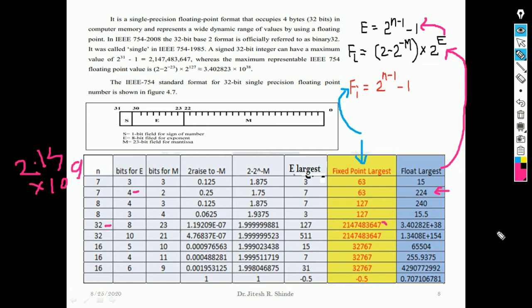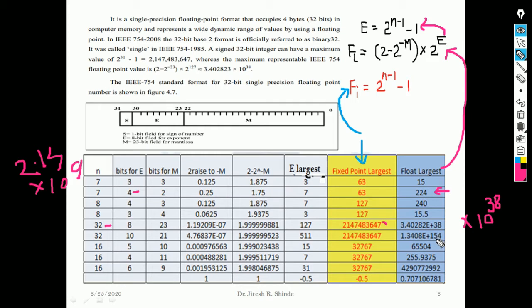The largest value here is in the order of 10 to the power 38. If the number of bits for the exponent is further increased from 8 to 10 and for the mantissa is 21, the range is now in the order of 10 to the power 154.